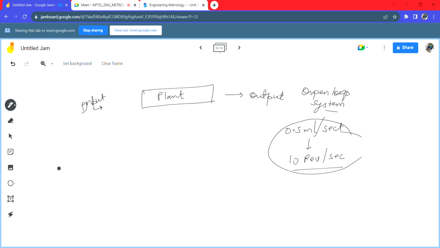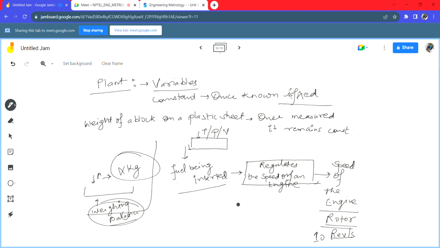But this 0.5 ml per second is not constant. This is in turn being controlled by the temperature and the pressure. Now say when we did this in the previous slide, we said that this is coming through a pipe.